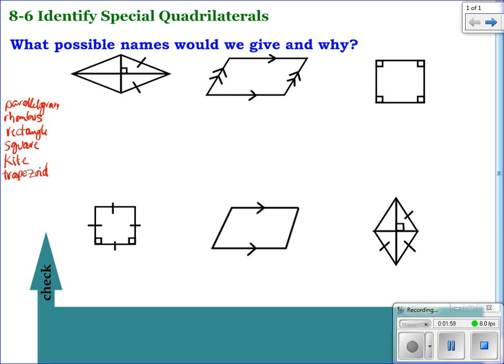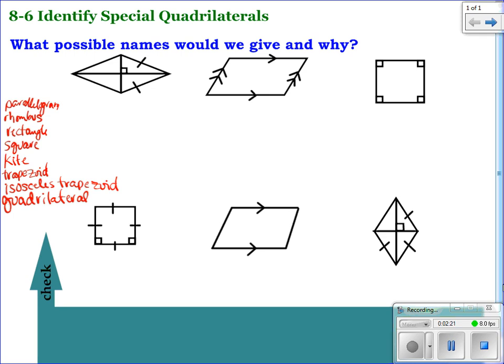Diamond, same as rhombus. Good guess, though. Isosceles trapezoid. Okay, and then quadrilateral. If it doesn't fit any of these definitions, it's just a 4-sided figure, so we call it a quadrilateral. Okay. We can't go based on what it looks like.